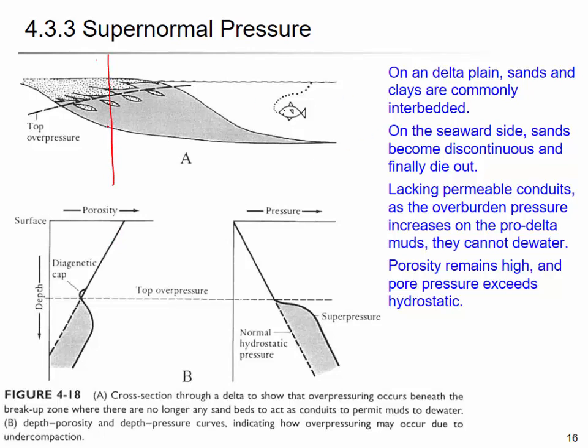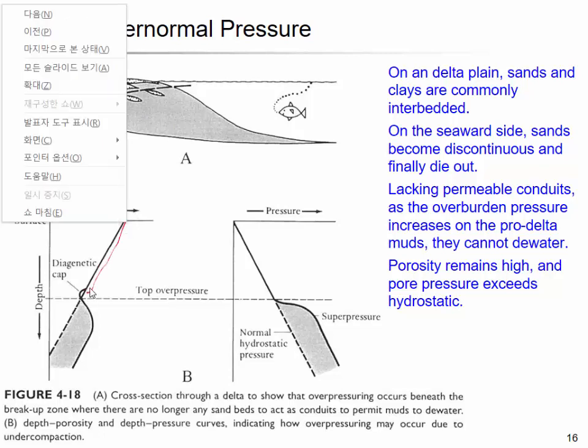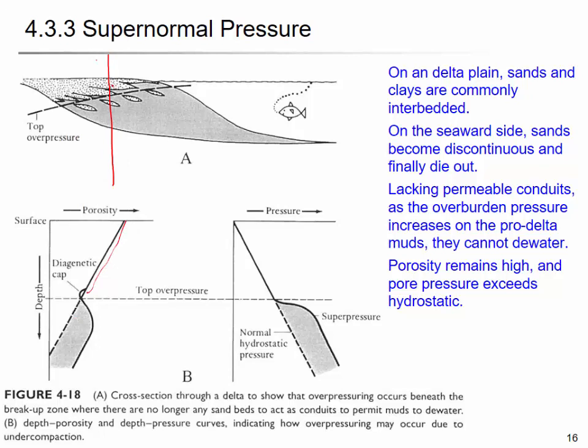So you have a sand formation in the clay, and you have a decrease in porosity, and in the clay region, you have a certain increase in porosity, and you also have increasing pressure in the clay region, or the shale region. So porosity remains high, and the pore pressure exceeds the hydrostatic pressure.